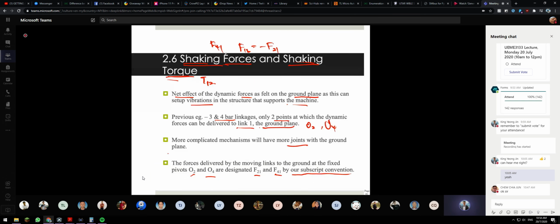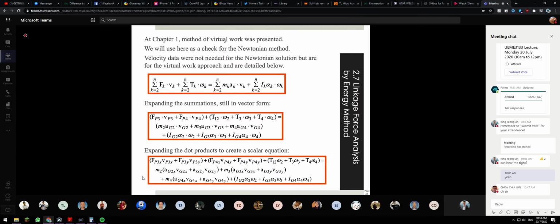Okay, so as I mentioned before, using Newton's second law of motion, we can actually find all these internal forces, this F12, F32, F41, and so on. But in some cases, you don't require finding the force in the link.